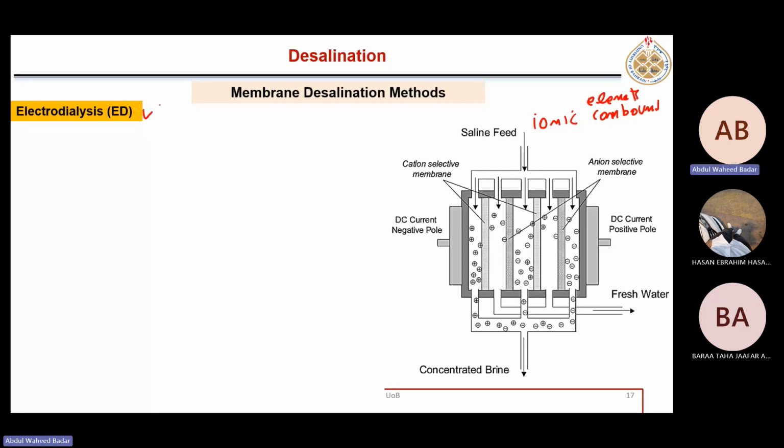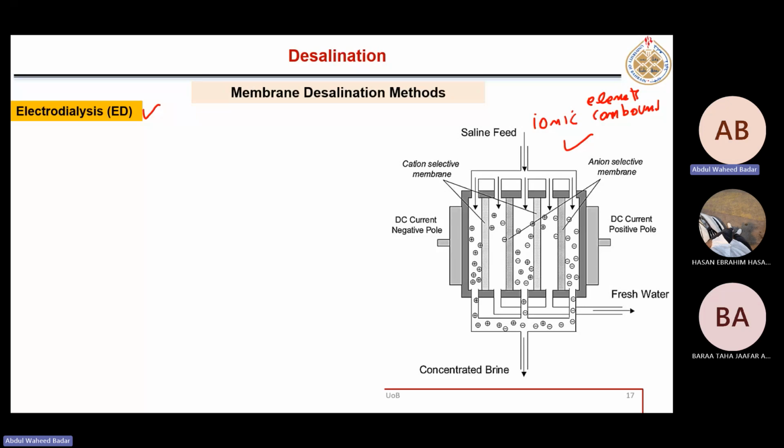This can be used for small applications, but not for seawater; normally for brackish water, because this can only remove ions, right? It cannot remove suspended solids or other non-ionic compounds.